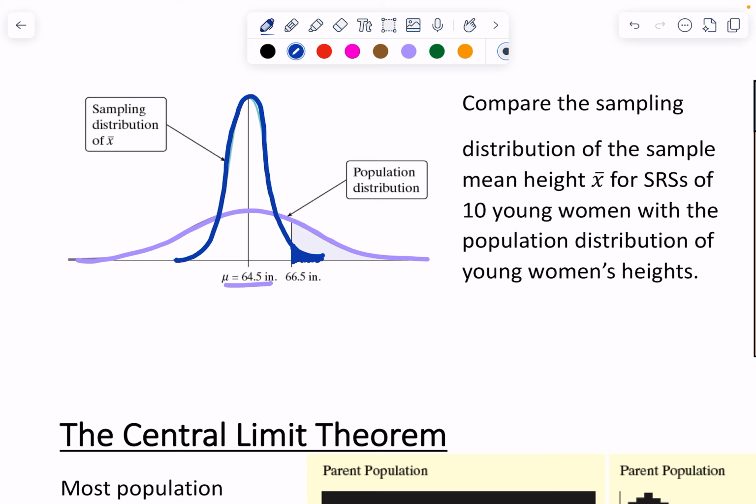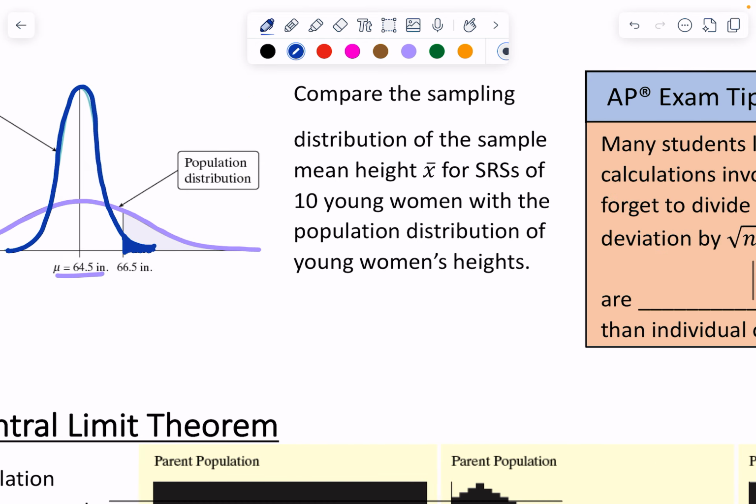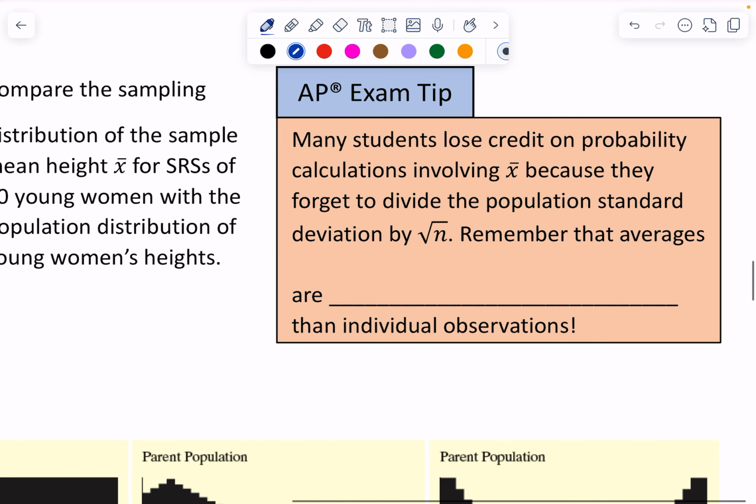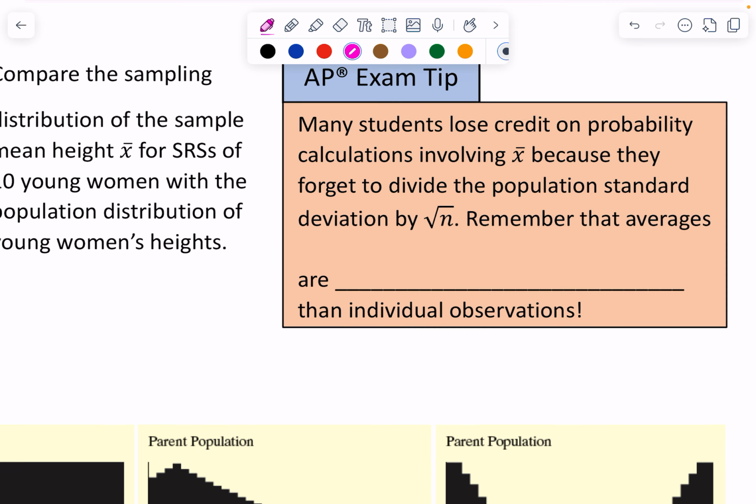Let's say somebody who's over 7 feet tall. Finding one person taller than 7 feet tall is hard. Finding 10 people to be taller than 7 feet tall is going to be really, really difficult. So basically, remember averages are less variable than individual observations.